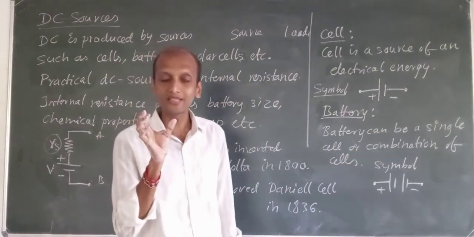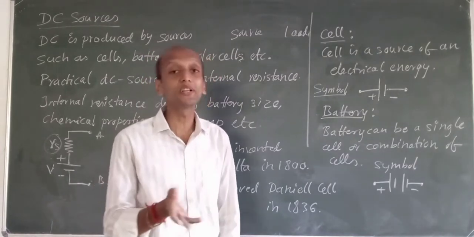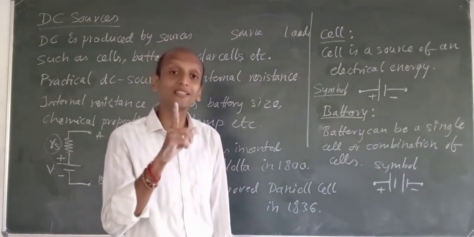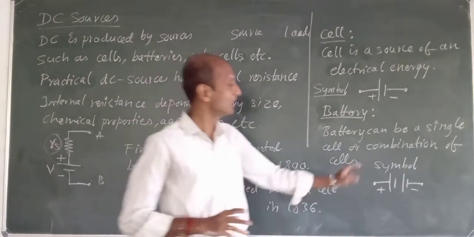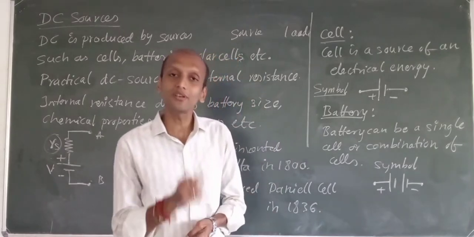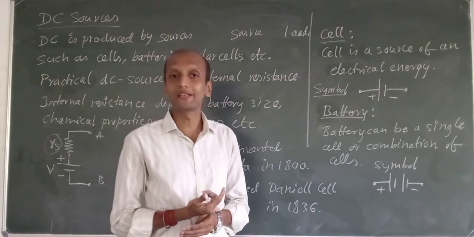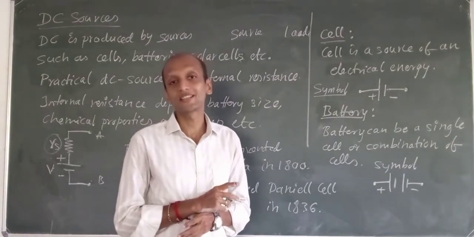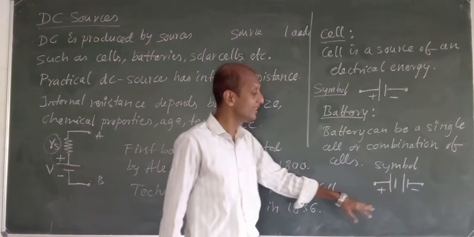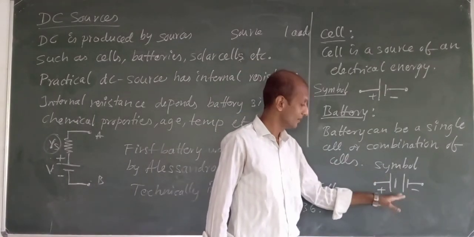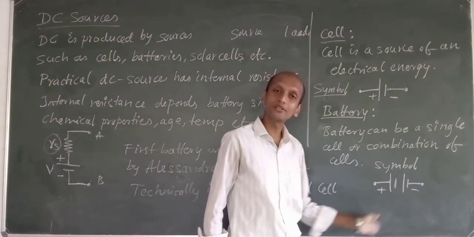A single cell is a single source of electrical energy, and a battery is a combination of cells, or it can also be a single cell. A cell is also called a battery, but a battery is not called a cell. Now coming to the circuit symbol of a battery. It is multiple cells: here we have one cell, here we have another cell. It is a combination of cells.